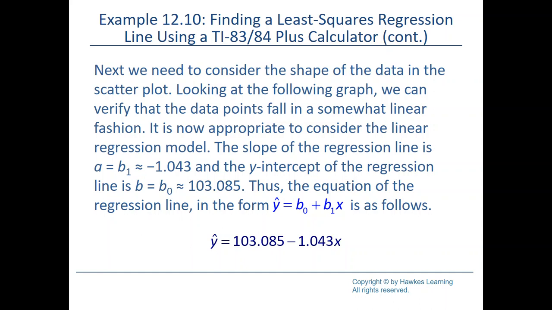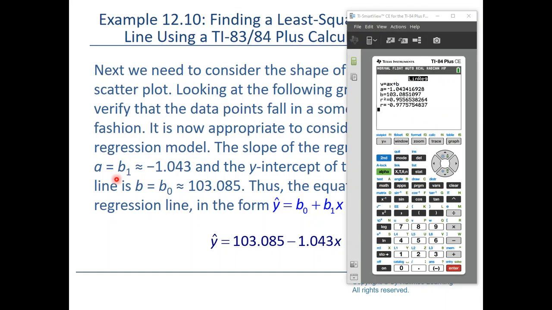Now remember that we just ran a LinReg and it spits back out an ax plus b, okay? And I wanted to bring it up on the screen because I know a lot of people get this confused: this y equals ax plus b, as well as this y hat equals b sub 0 plus b sub 1 x. These are the same exact things, okay, except in our case here, a is b sub 1, and b here is b sub 0.